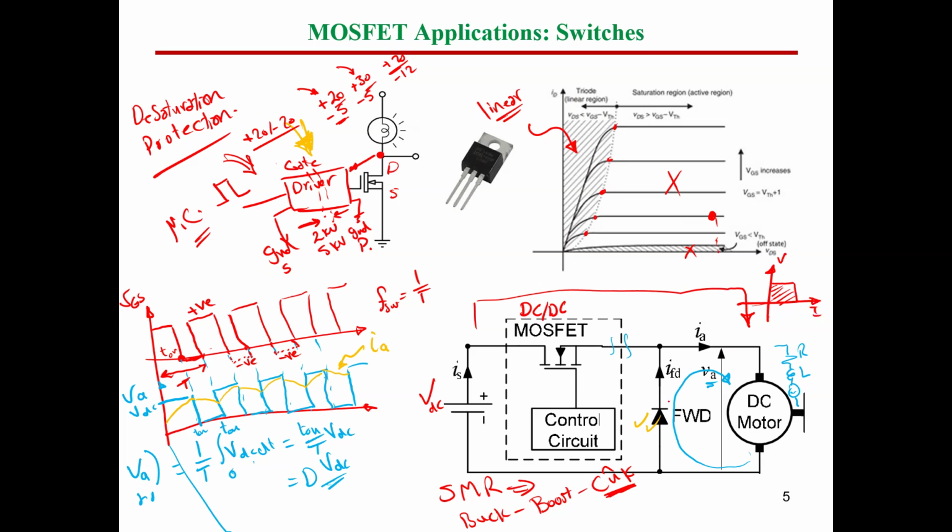If you need to control this motor, and controlling motor means reversing motor direction, controlling the motor speed, reversing the torque of your motor, all of these are called different quadrants. So we have 4-quadrant operation of electrical machines.